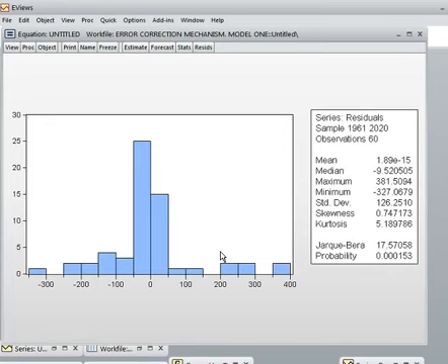So we have to design our error correction model in such a way that these two problems do not come up. We have to do something so that serial correlation or non-normal residual do not come up. So that is the end of the story, and yeah.